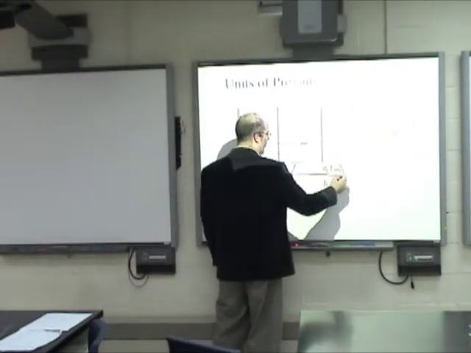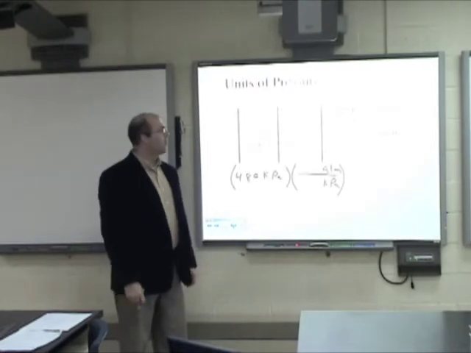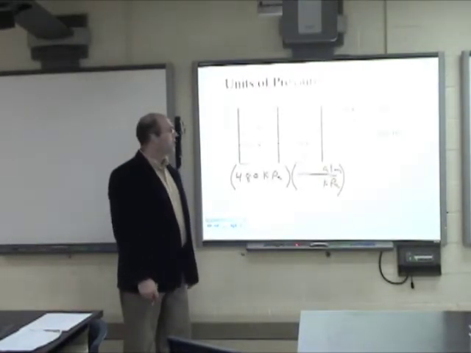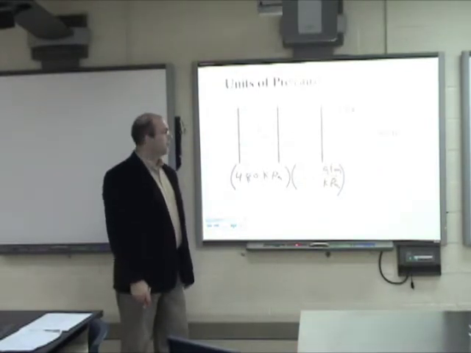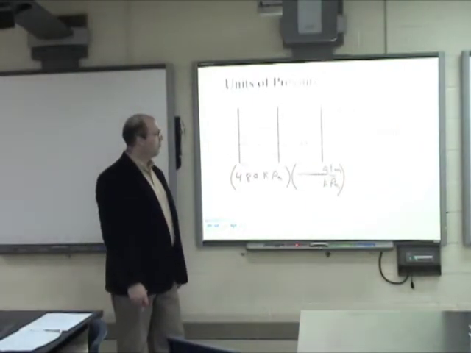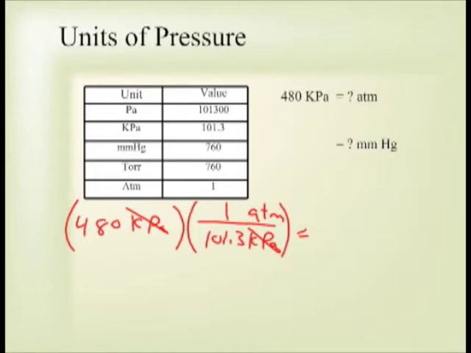Now, as it turns out, the numbers in the chart are all equal to each other. 1 atmosphere is the same as 760 torr, it's the same as 760 millimeters of mercury, same as 101.3 kilopascals, and 101,300 pascals. They are all the same value. And so 1 atmosphere is the same as 101.3 kilopascals. The units will cancel, and that will work out to be 4.74 atmospheres.